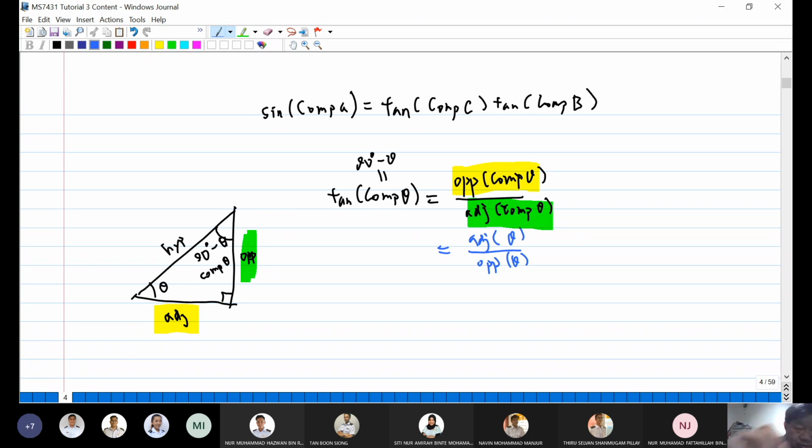So what is this thing equal to? So this is actually 1 over opposite of theta over adjacent of theta now, which is equal to 1 over tangent of theta.